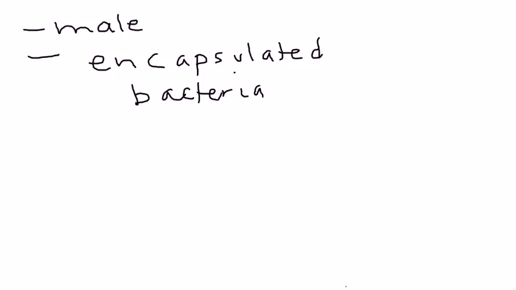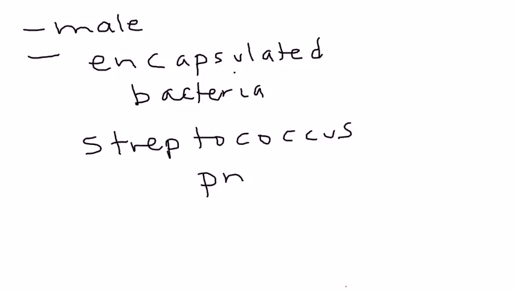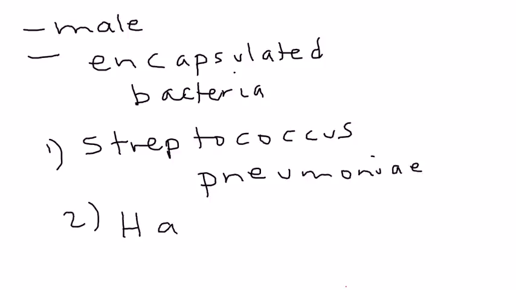If you don't have them, these encapsulated bacteria will cause infections, and there's two in particular that really stand out. Streptococcus pneumoniae, and the other one is very, very commonly tested, Haemophilus influenzae. Okay, remember those.